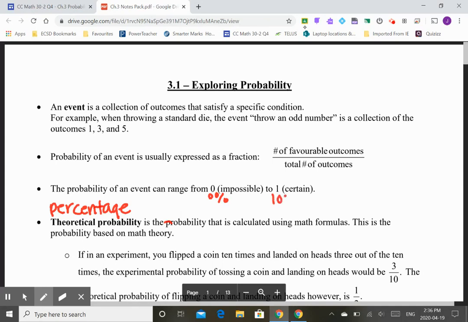If we found our probability and calculated it to be 100%, that would be certain. So again, our percentages are going to be somewhere in between 0% and 100%. And as we go through the chapter, we'll talk about the different forms, going from fraction to decimal to percentage, but just keep in mind that those are the different ways that we can express probability.